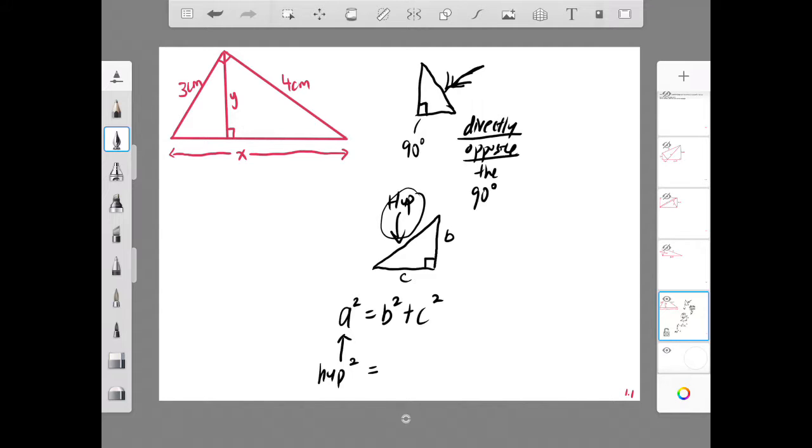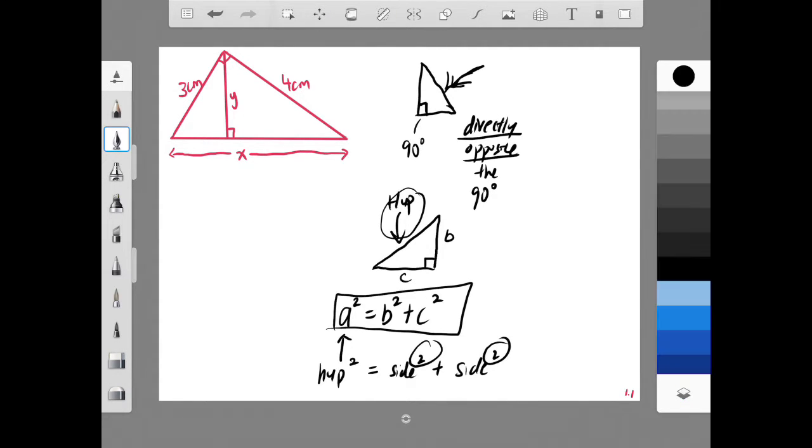It will be equal to one side of the triangle plus the other side of the triangle, and they have to be squared. So this is the basic formula that we should know for Pythagoras theorem types of question.